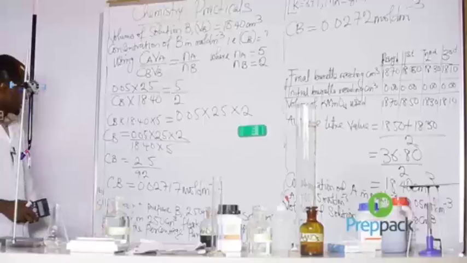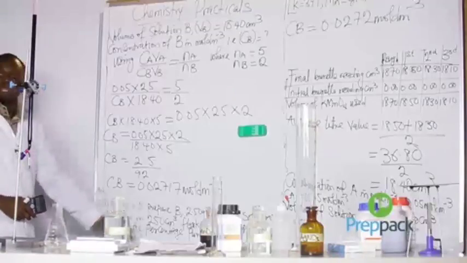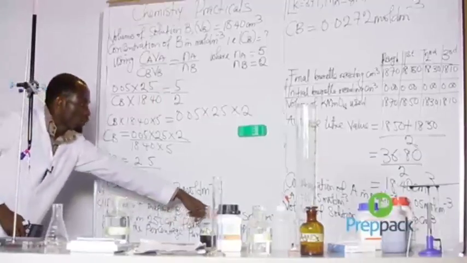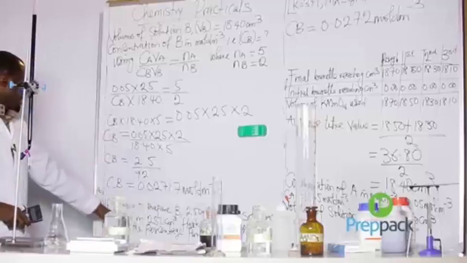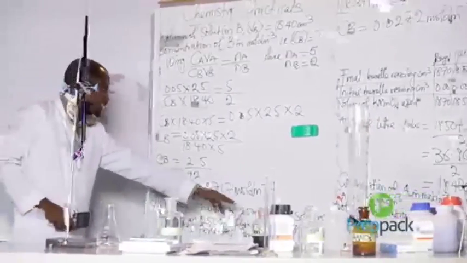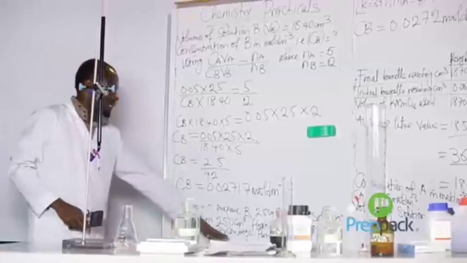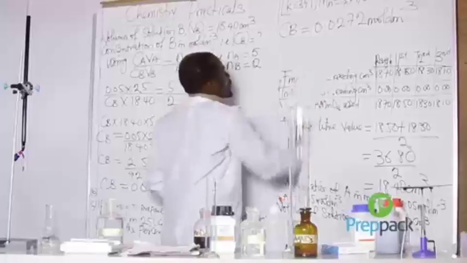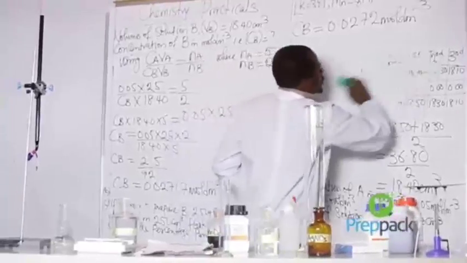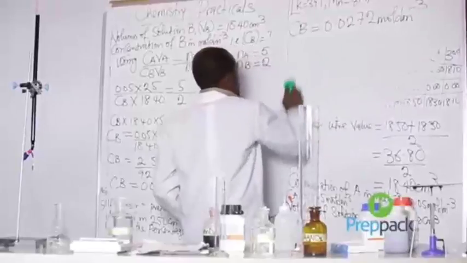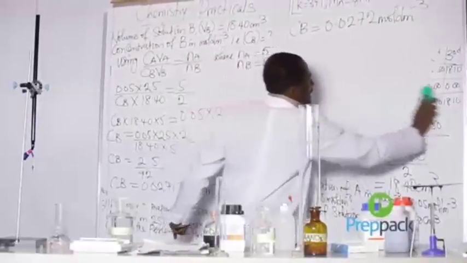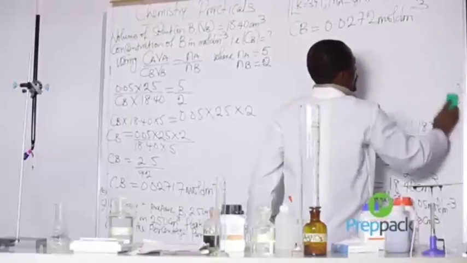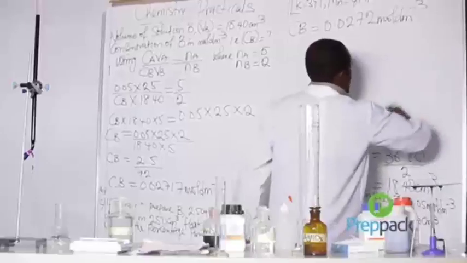The final question says, if in order to prepare B, 2.50 gram of impure solid was dissolved in a 250 cm cube flask and made up to the mark, calculate the percentage purity of KMnO4. How do I do this? A standard solution is being prepared, so we are to prepare an equal amount of the unknown solution of the sample in 1000 cm cube.